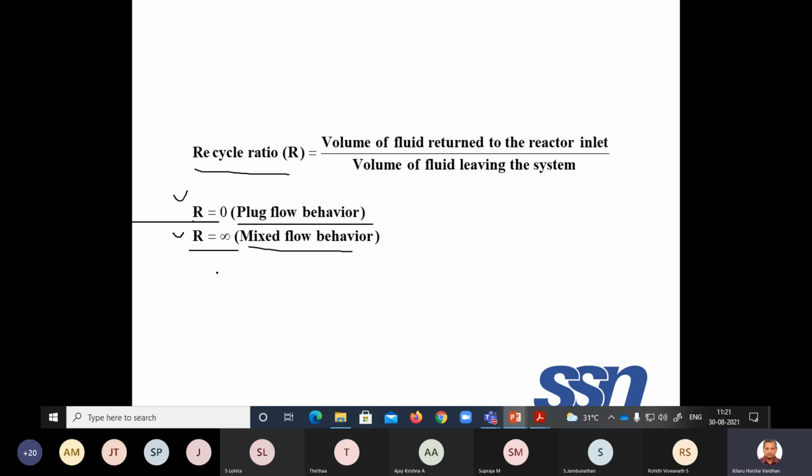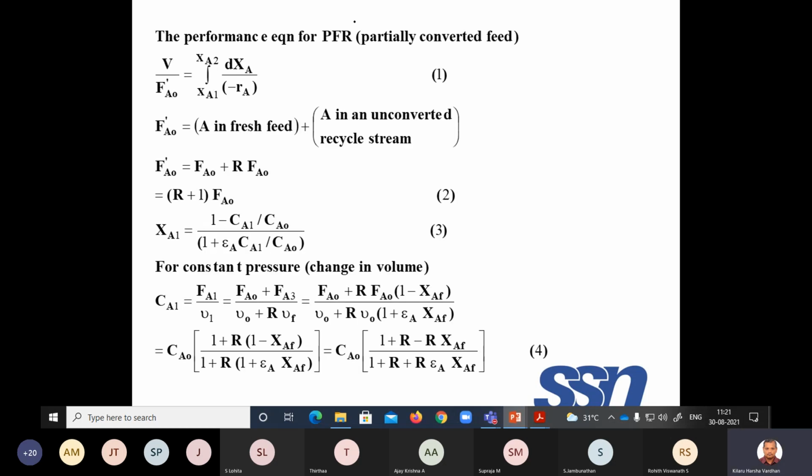Recycle reactor turns to plug flow behavior when R tends to 0, and when R tends to infinite, the performance equations turn to a mixed flow reactor. So let us see this expression.